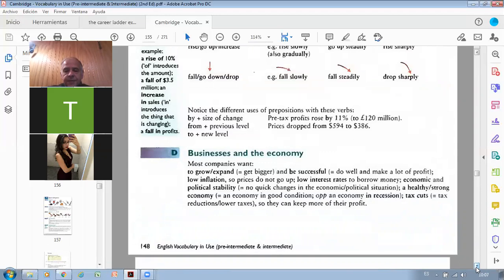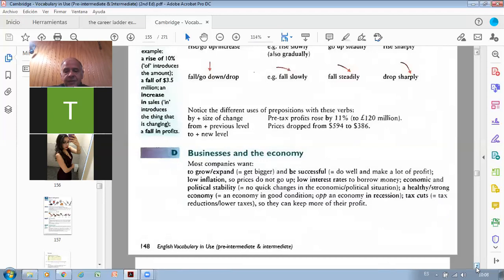Low inflation. That's inflation. So prices don't go up. Low interest rates to borrow money, economic and political stability. No quick change in the economic or political situation. A healthy or strong economy.